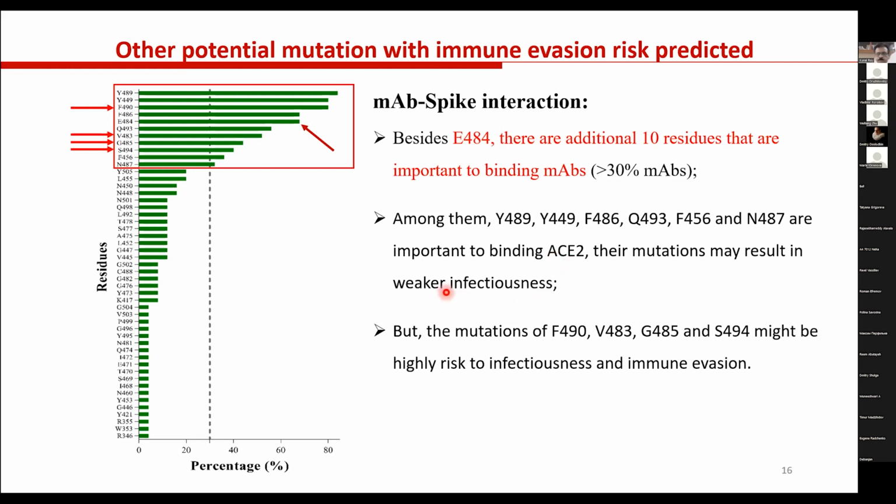That means weaker infectiousness. But for the rest of the residues, if the mutation takes place, it may enhance the binding between the new variants and hACE2, and between the new variants and monoclonal antibody. That means higher infectiousness and higher immune evasion risk.